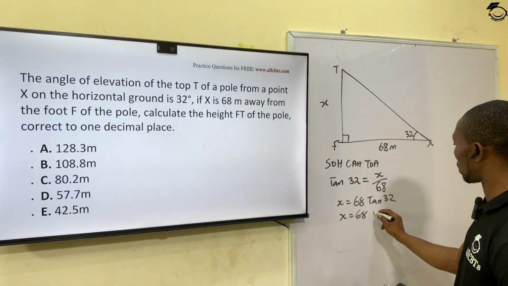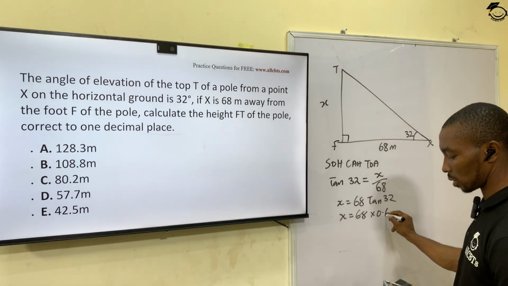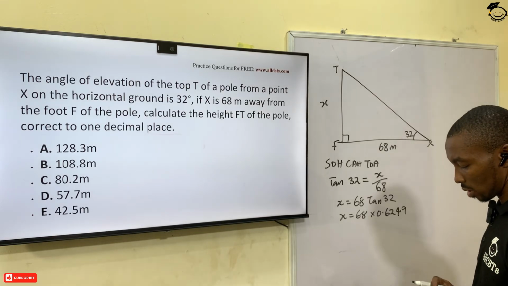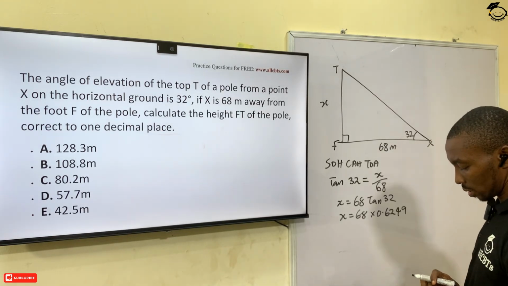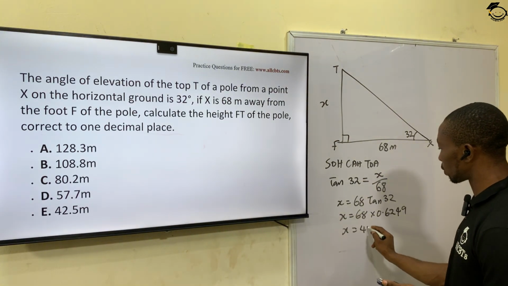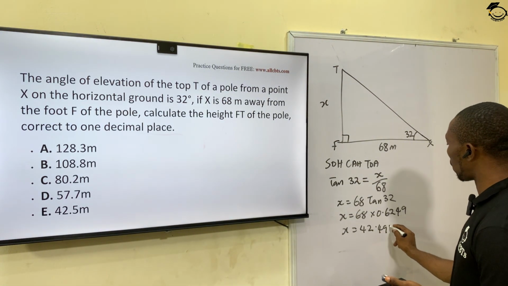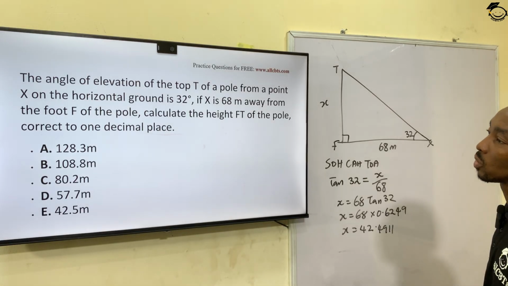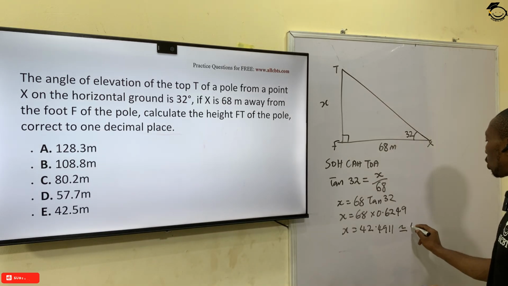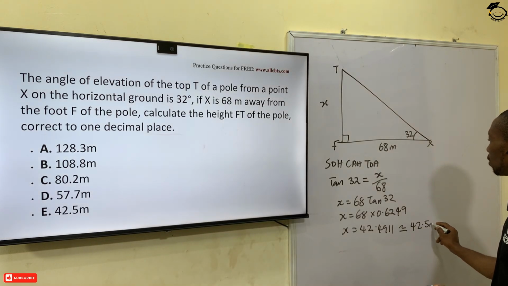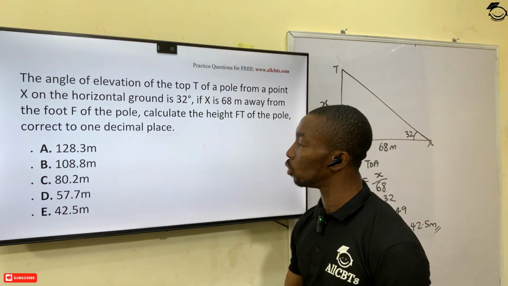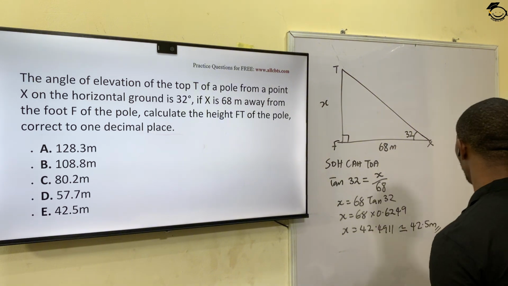Tan 32 is giving us 0.6249, times 68. This gives us x equals 42.4911. Now they say to the nearest 1 decimal place, so that becomes 42.5 meters. So the height of the pole will be 42.5 meters.